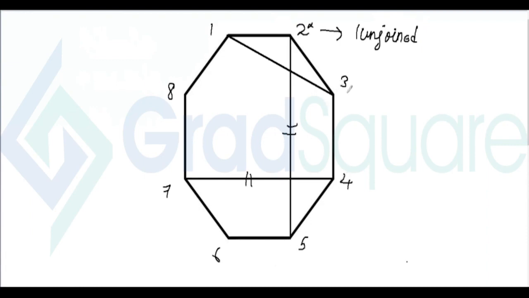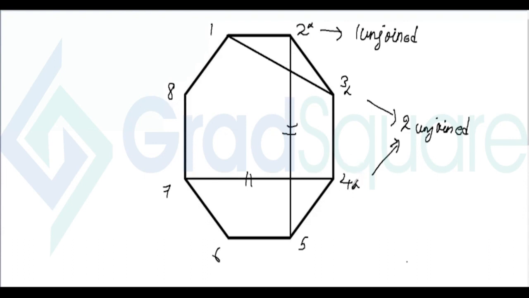So between the two joined vertices, I have got two unjoined vertices. Because the number of unjoined vertices for diagonal 1, 3 and diagonal 2, 5 are different, that is sufficient for me to say that these two diagonals will have different lengths.